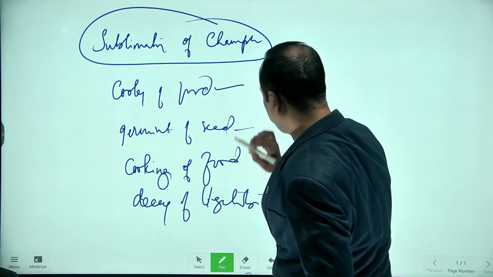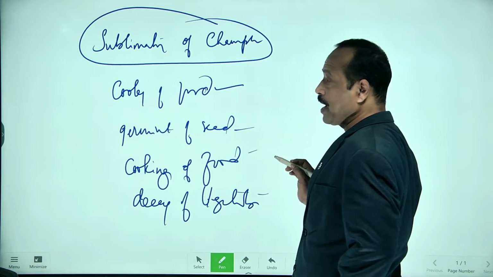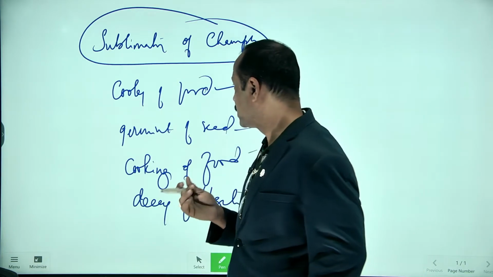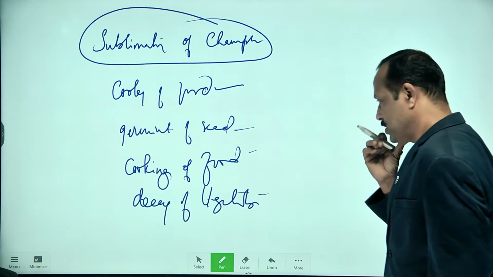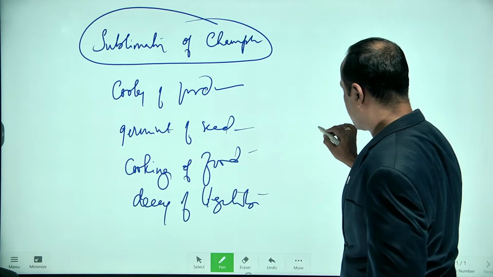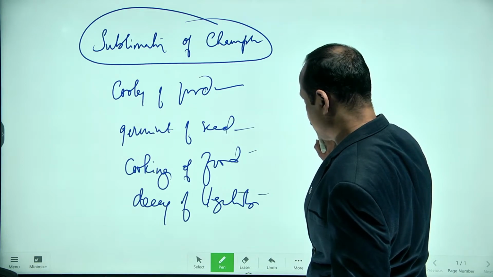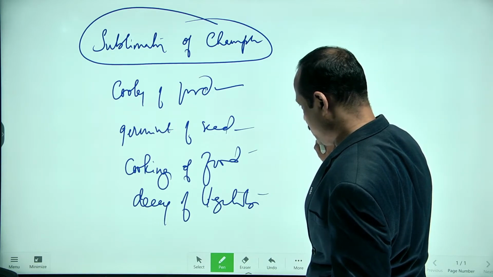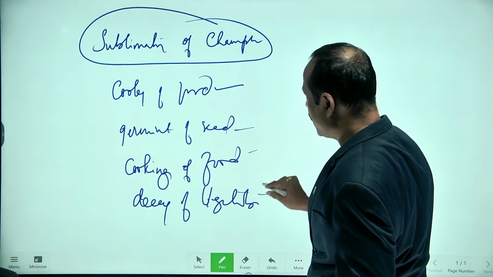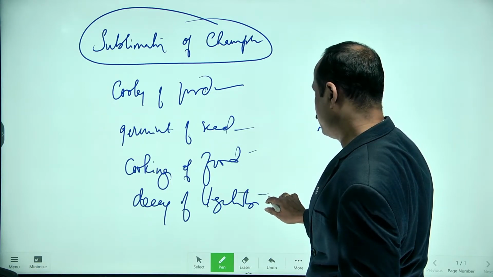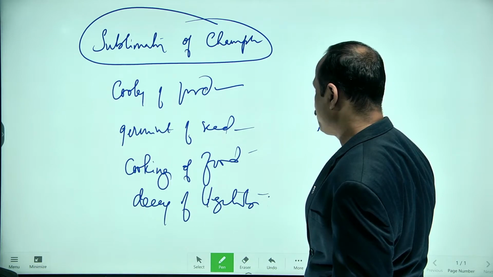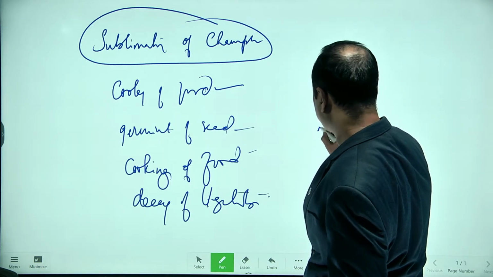But sublimation of camphor means what? Camphor can be converted into the gaseous state. Sublimation means which can convert into gas.